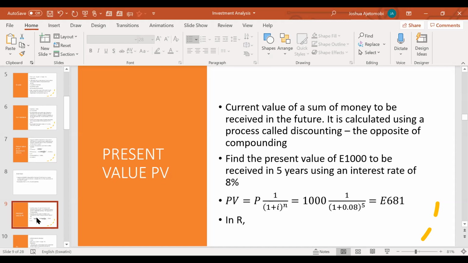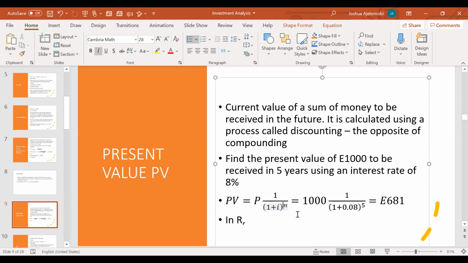For instance, find the present value of 1,000 to be received in 5 years using an interest rate of 8%. This is the formula because we are discounting in this case, so it's the reciprocal. Here we have P, the future value, multiplied by 1 divided by (1 plus i) raised to the power n.